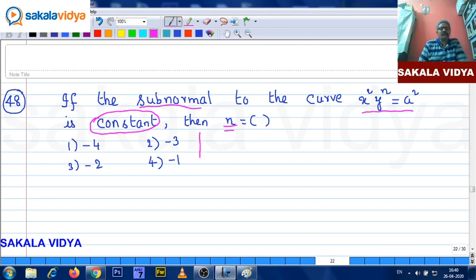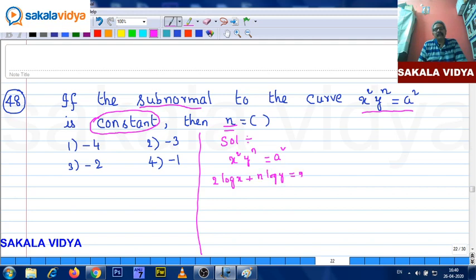So, now the solution. x square y to the power of n equal to a square. So, apply log, and you get 2 log x plus log y to the power of n, which is n log y, equals log a square, which is 2 log a.